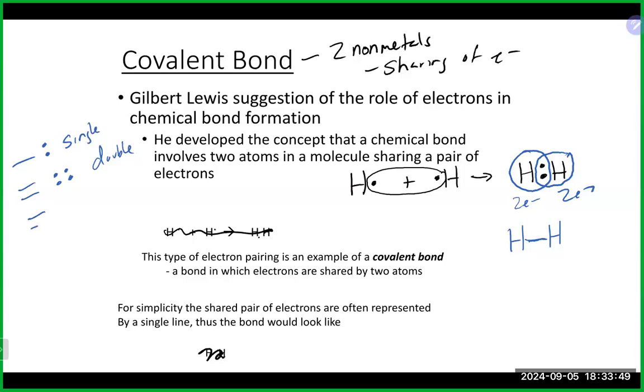And a triple bond is three lines representing six total electrons, or three pairs of electrons as well. You could use, again, lines or dots when you're drawing these things. I personally will use lines most of the time to represent electrons that are being shared. They're referred to as bonding electrons. But again, it's not wrong to use dots if you want to.